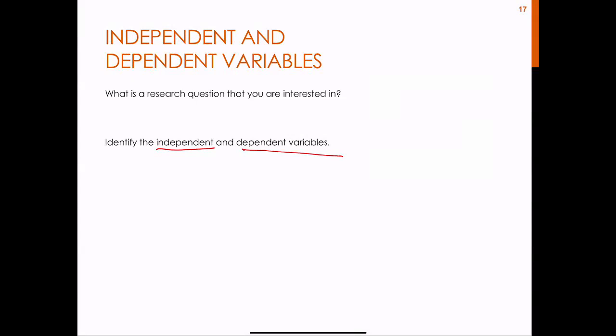Write up your research question, independent variable and dependent variable as an exercise. If you would like to check your own research question, independent variable and dependent variable, you can simply send an email to me or upload it in the discussion board. Then I'm going to check your research question, independent variable and dependent variable.